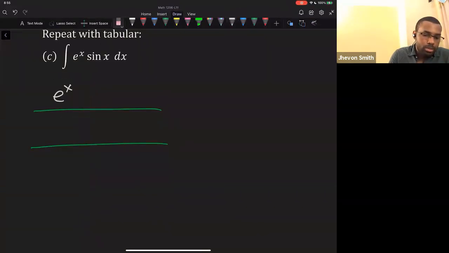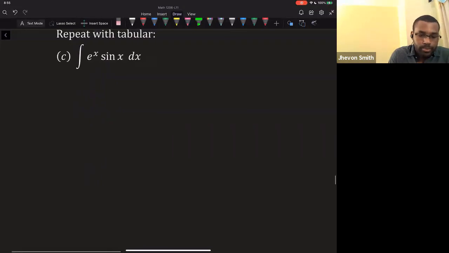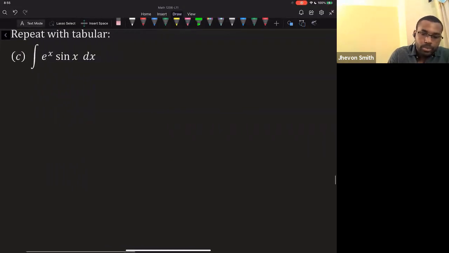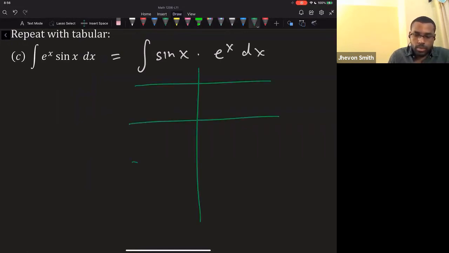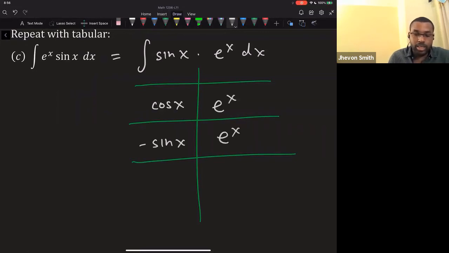Let me switch it just so it matches up nicer with the previous thing. So differentiate sine, I get cosine. Differentiate cosine, I get minus sine. Integrate e to the x, I get e to the x. Integrate e to the x, I get e to the x.